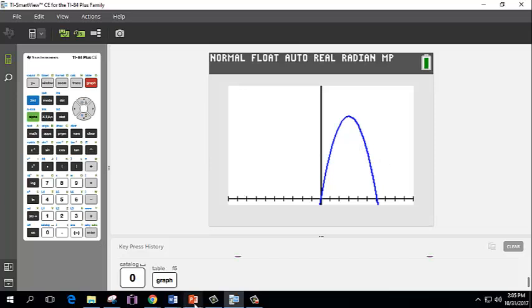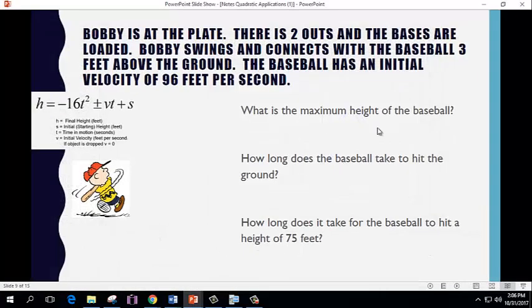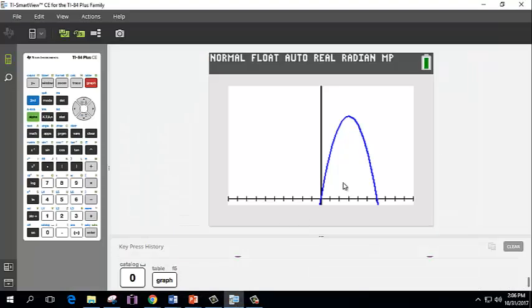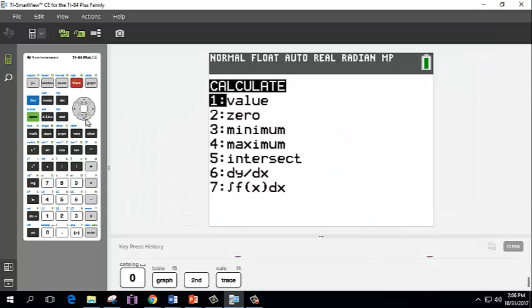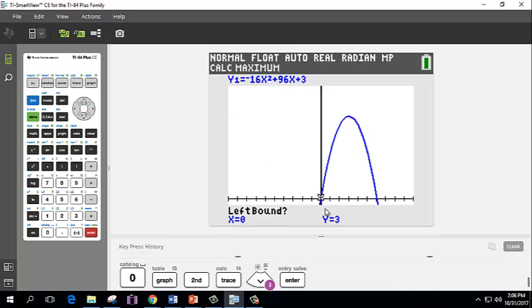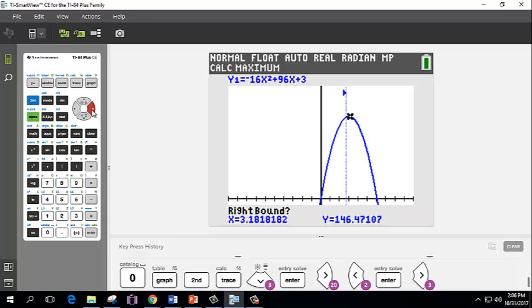So now the question that's being asked is, what is the maximum height of the baseball? So I'm going to look and see. There's my maximum. So what I do is I go second trace maximum. Enter. See, my tracer is here. I go as close to the maximum as I can. I go 2 clicks to the left, press enter, 2 clicks to the right.